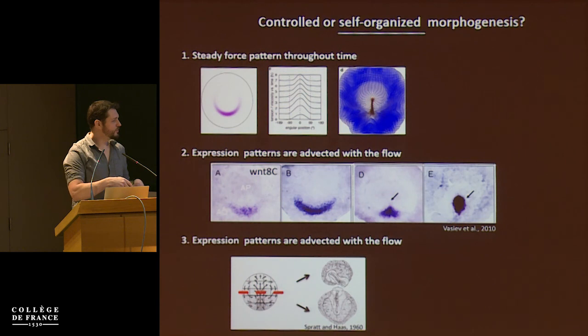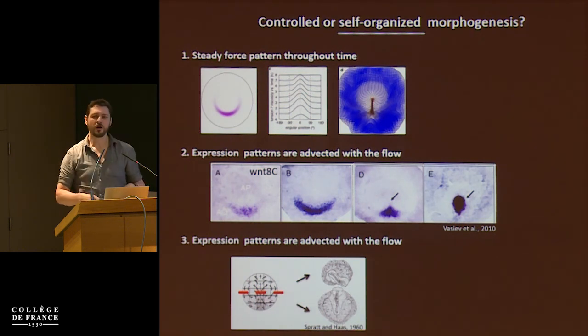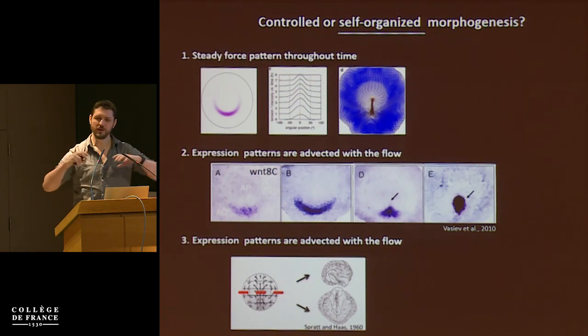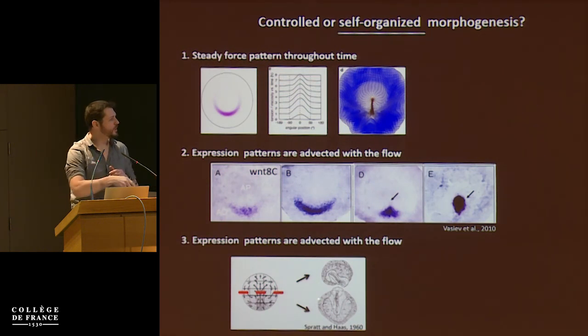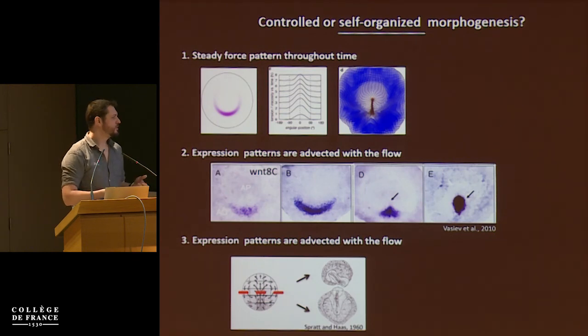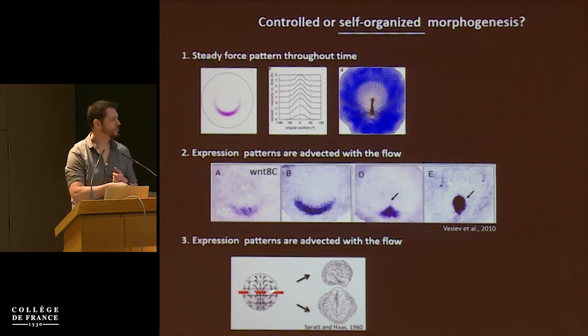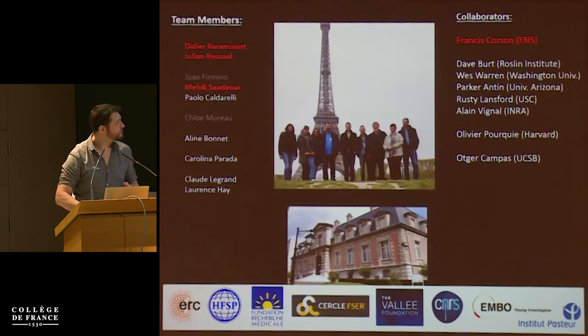What they found is that when you do that, not only do you get a full embryo from the posterior half, where the embryo manages to cope with the absence of the anterior tissue, but you also get an ectopic embryo forming from the anterior half, where you should have never got an embryo in this place. So now we're trying to test, this is where we're going, if the force is self-organized, but also its interplay with gene expression in order to drive embryo formation during normal development.